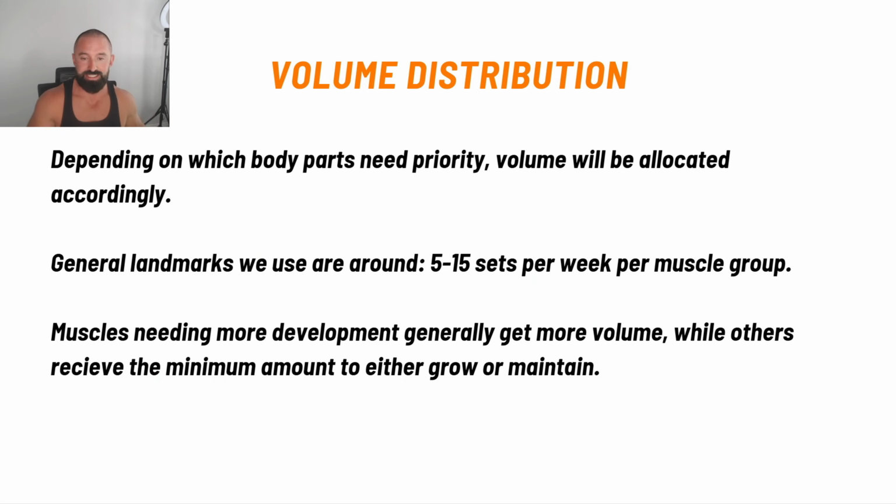So we might maintain someone's lower half if their upper body needs more development. So they'll do a minimum amount of sets for that. That could be anywhere from say 3 to 6 sets per muscle group on the hamstrings, quads, and the glutes. And then we send all of the remaining volume distribution to the upper body across the board, for example.